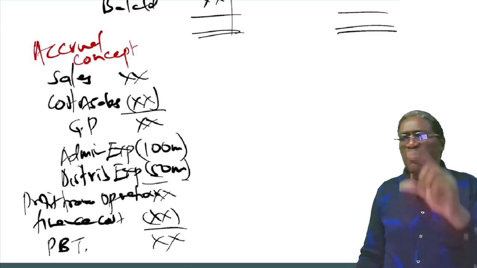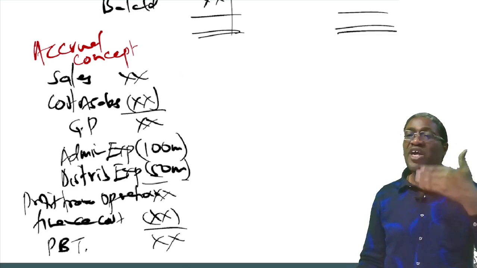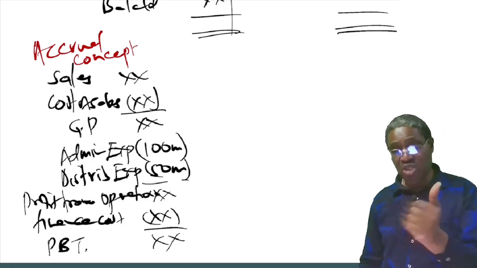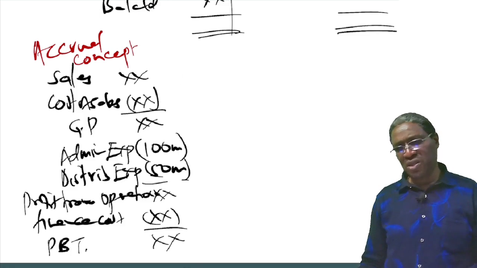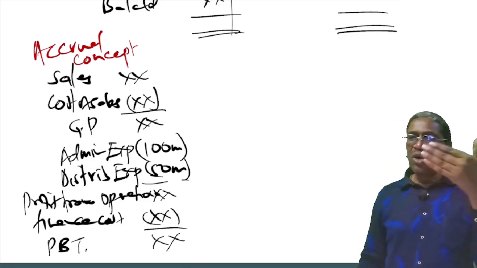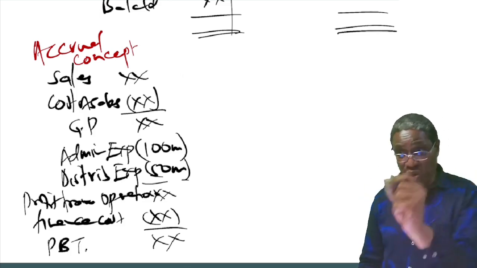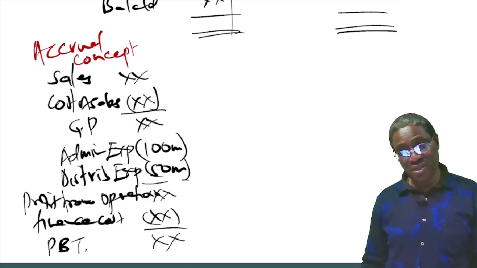Obviously, when you depreciated your delivery van as a company, you included that depreciation charge among the selling and distribution expenses. When you paid for the rent of the office, you included it among the admin expenses. When you depreciated your office equipment, you included it among the admin expenses.